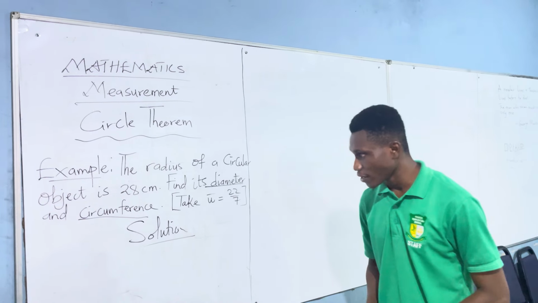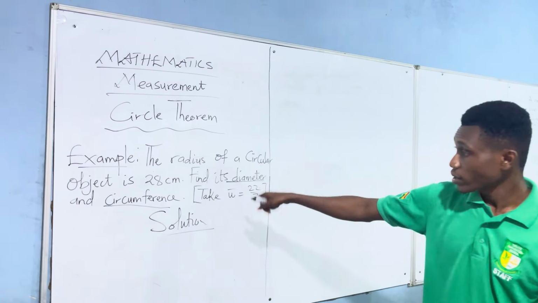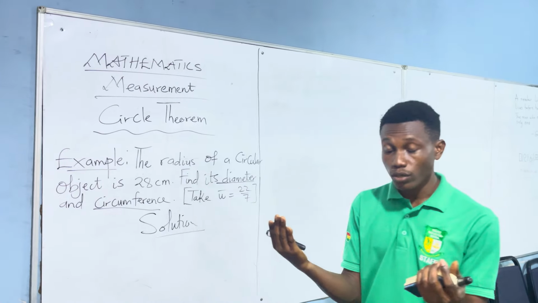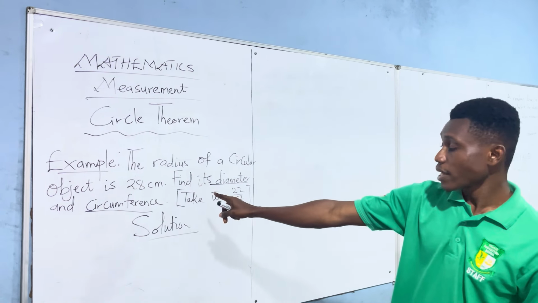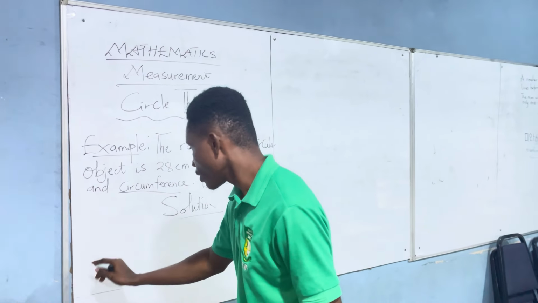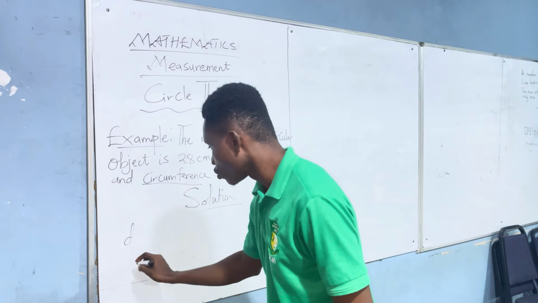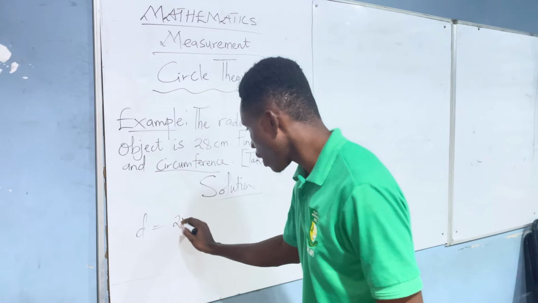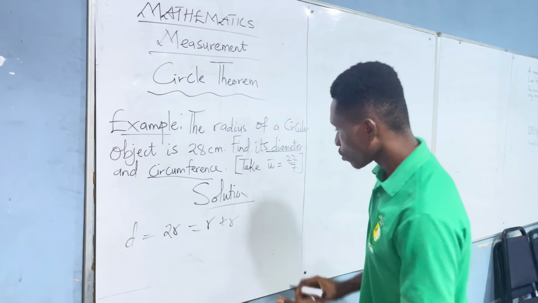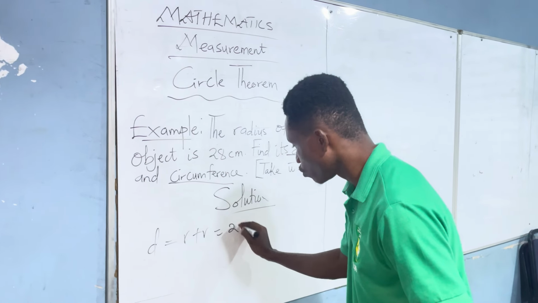So with the diameter, they said the radius is what? 28 centimeters. And we all know that 2 of the radius makes one diameter. So we represent diameter with d. So d is equal to 2r, in the sense that r plus r is 2r.